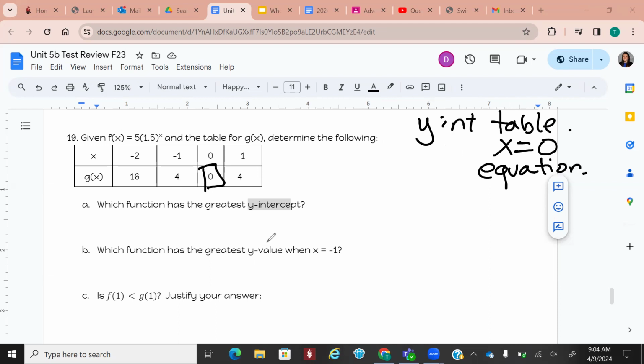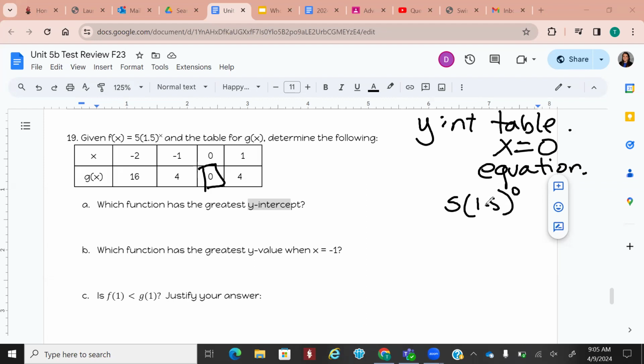How do I do it from an equation? You look at the b value. I don't know if I would look at the b value. What you could do, and this works for every single one, is you could plug in 0 for x. So type this into your calculator.